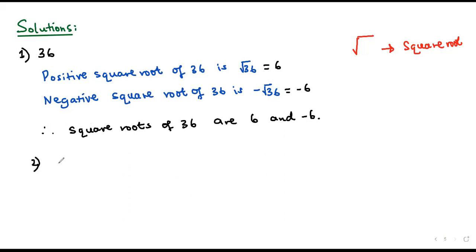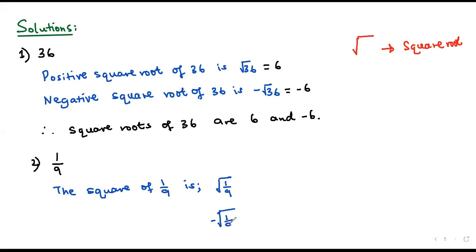Now, let's look at number 2. We need to know the square root of 1 out of 9. So the square root of 1 out of 9 will be the positive square root and the negative square root.